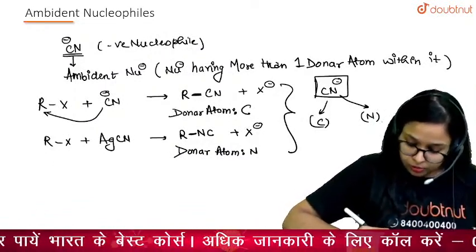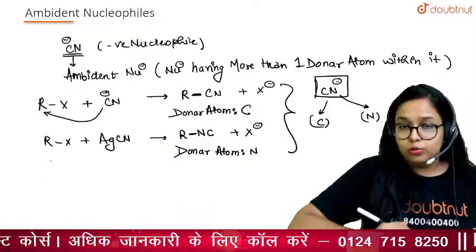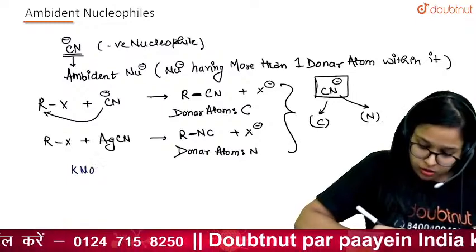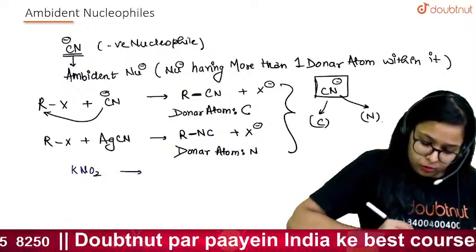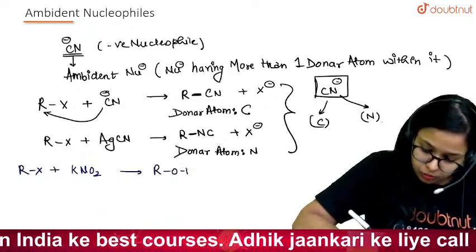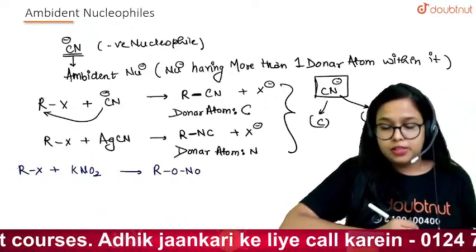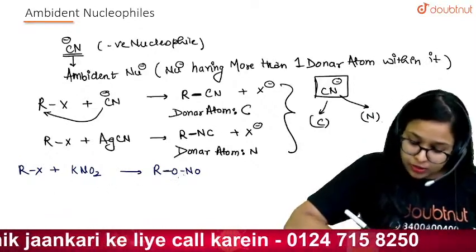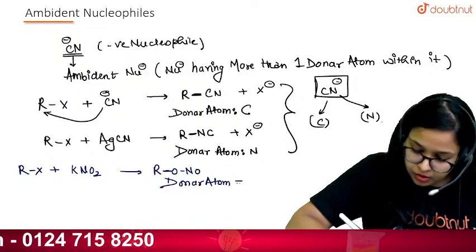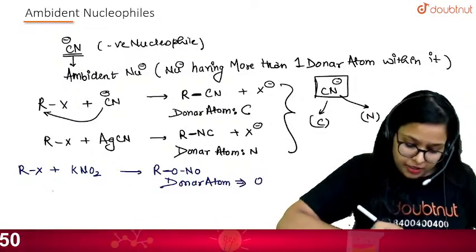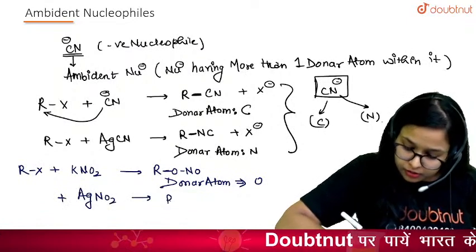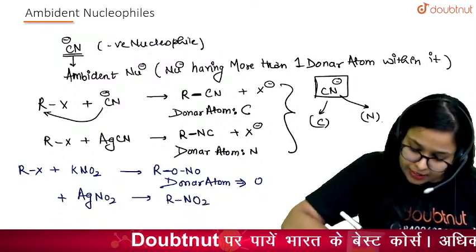Similarly, if I talk about your AgNO2 and KNO2, right? In KNO2, if you react haloalkane with KNO2, the product formed is RONO. RONO is the product formed, whereas the donor atom here is your oxygen. But if you react the RX with AgNO2, the bond formed is between alkyl and the nitrogen.